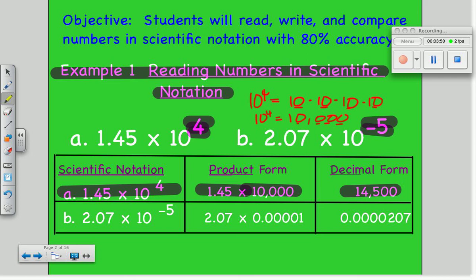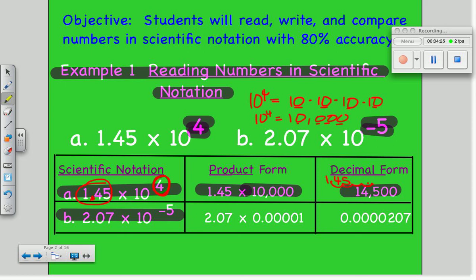Okay? Now this one, 2 and 7 hundredths times 10 to the power of negative 5. Basically all I did was take the decimal for 1 and 45 hundredths and move it 4 times, which is this number here. I'm going to write it over here so you can see what I did. I took the decimal, 1 and 45 hundredths, which was the one I had here. 10 is being raised to the power of 4, so I'm going to move this decimal 4 times. 1, 2, 3, 4.